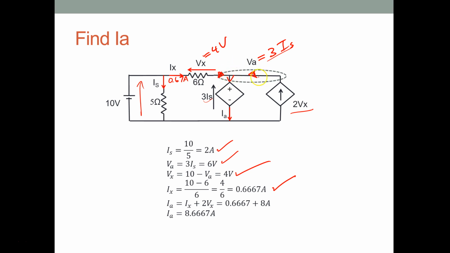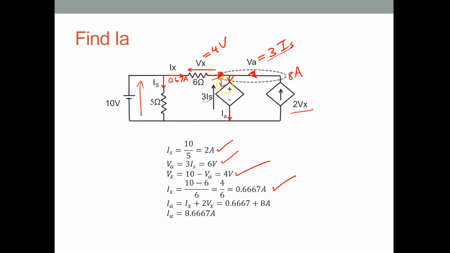So I know the current here is 2Vx, and I know Vx is 4 volts. So I have 2 by 4, which is 8 amps. So now I have 0.67 amps, 8 amps, and I have IA down here.